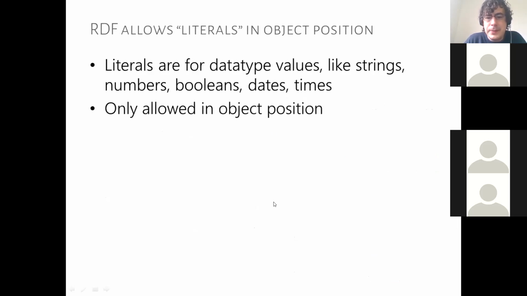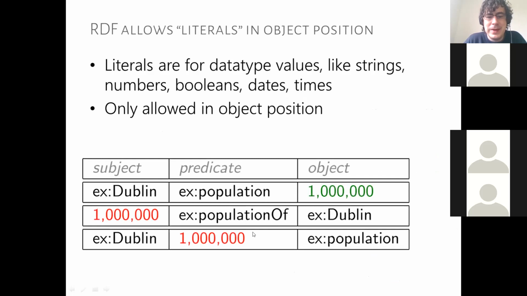They're only allowed in the object position. This is actually kind of a controversial thing. Some say they should be allowed in the subject as well. So in summary, we can use literals in this position here only. So this is okay, and these are not okay. These are not valid RDF triples. So we can only use these things in the object position. Some argue that this should be allowed, but at the moment it's not.